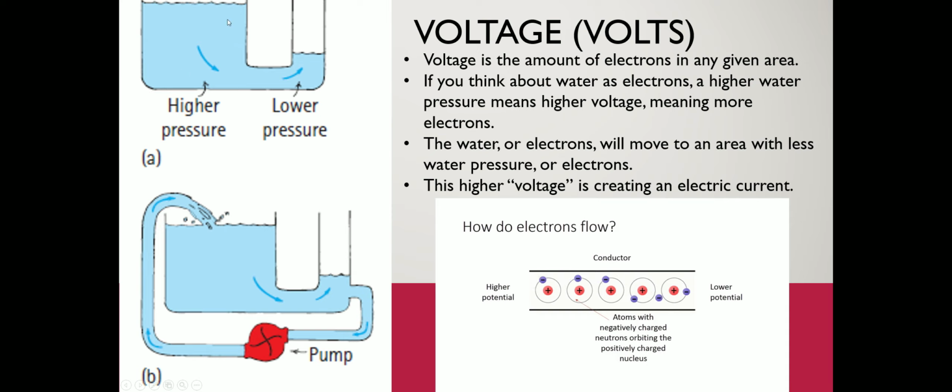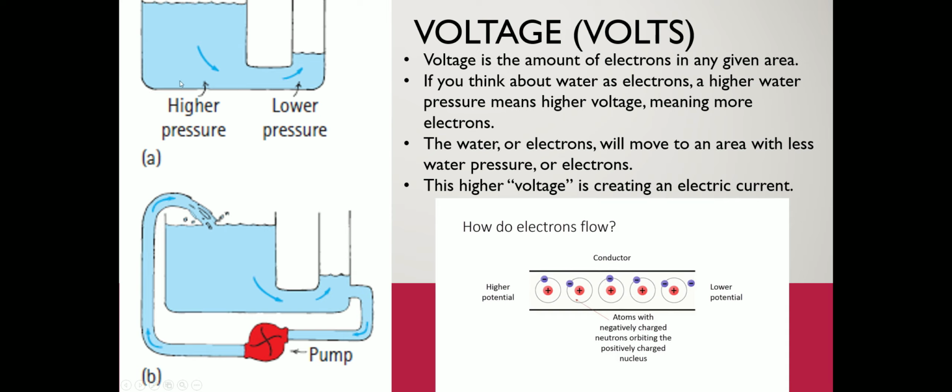So you can think of voltage this way. Voltage is the amount of electrons in a given area, and this pressure difference, this potential difference, this voltage difference drives an electric current, because what's happening is that the water is now moving to the right hand side. This water current, there's a water current being generated, and you can think of this as electric current.